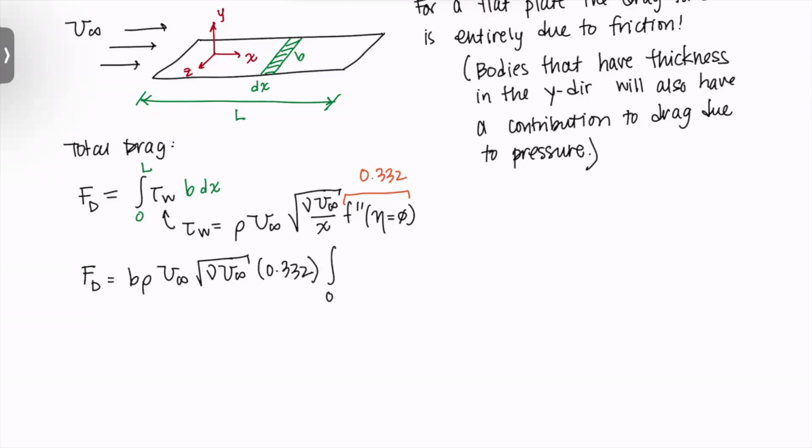And now I'm going to integrate from 0 to L x to the minus 1/2 dx. What do we get? And I'm going to write U infinity as U infinity to the 3/2 now. Nu to the 1/2, 0.332.